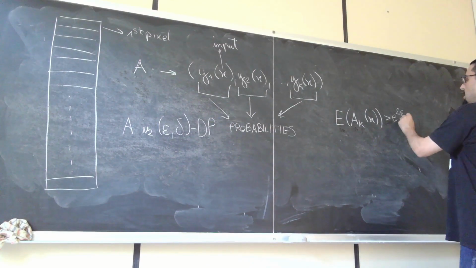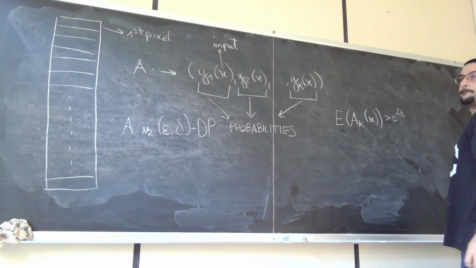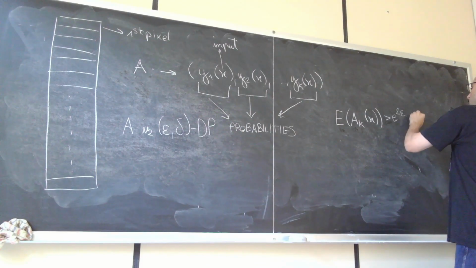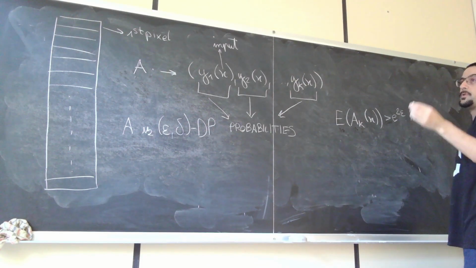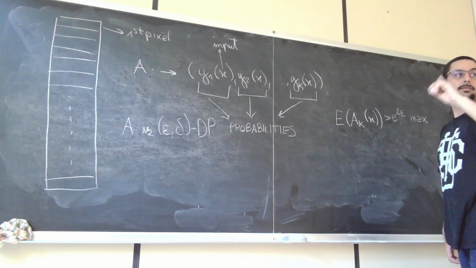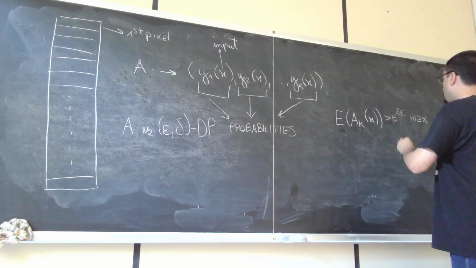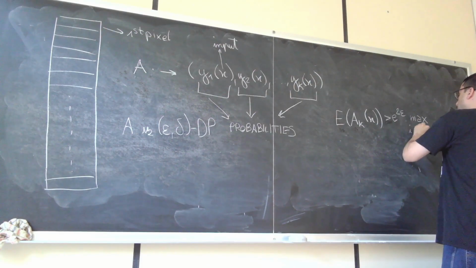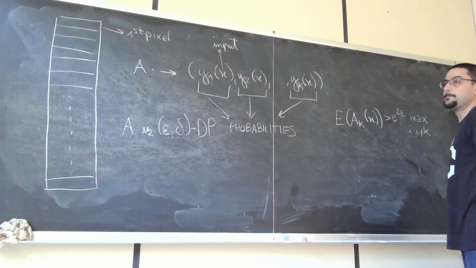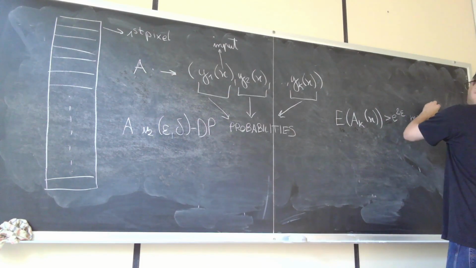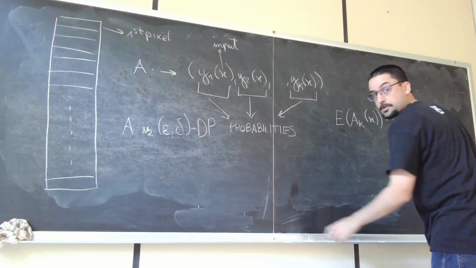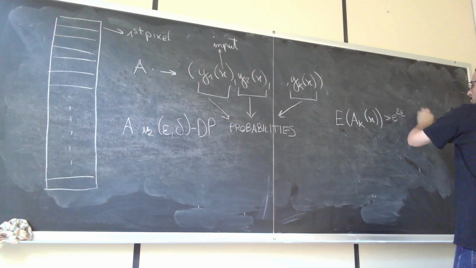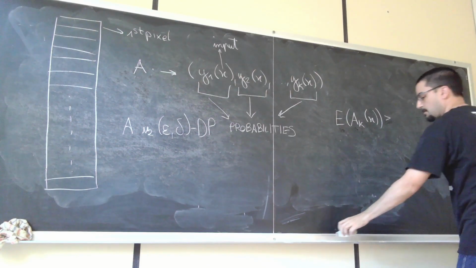This is larger than or equal to the maximum, computed over all possible other output labels, label I such that I is different from the label K. Let me go on a new line because otherwise the camera is not capturing it.